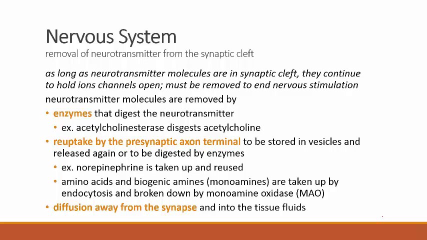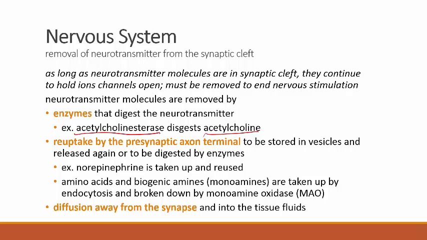For instance, we've already seen at the neuromuscular junction that the enzyme acetylcholinesterase will digest or break up acetylcholine, and then the pieces are moved back into the axon to be reassembled. There's a second technique called reuptake. What reuptake does is take that neurotransmitter whole back into the presynaptic neuron.